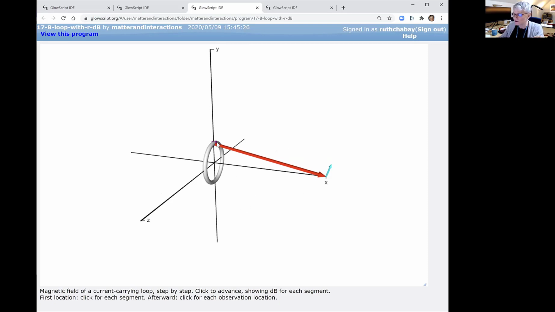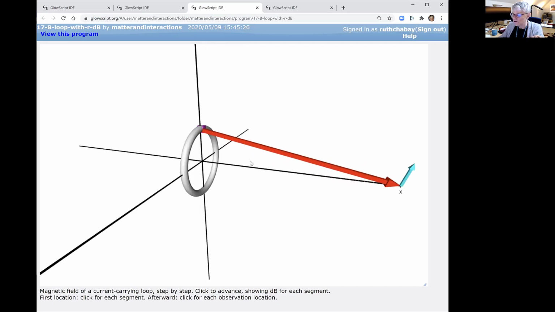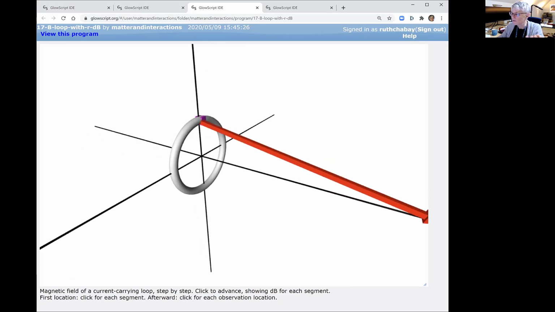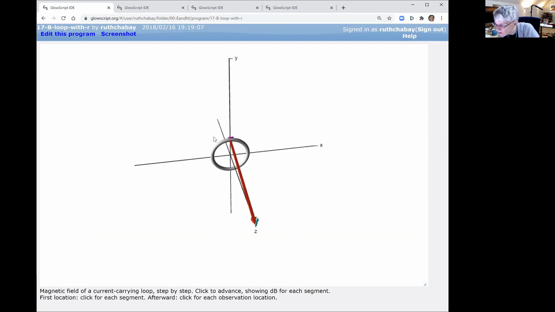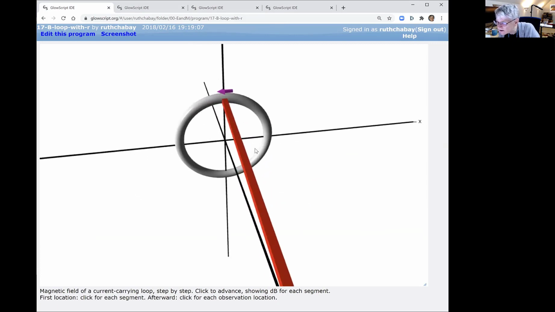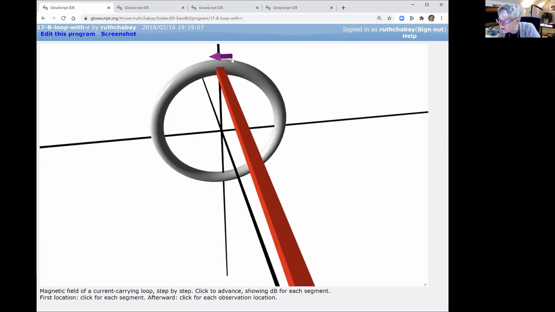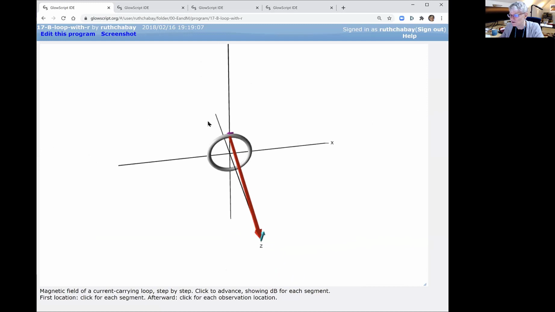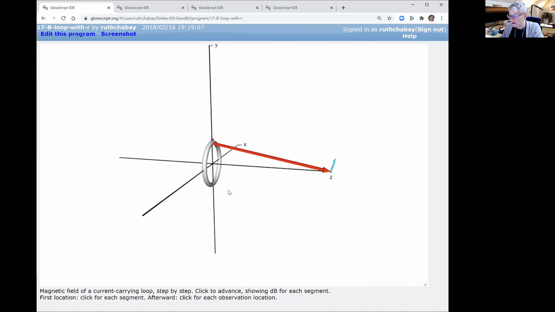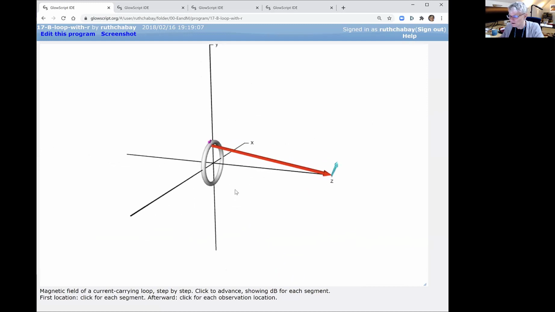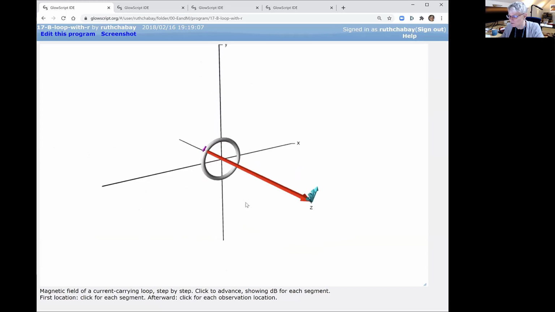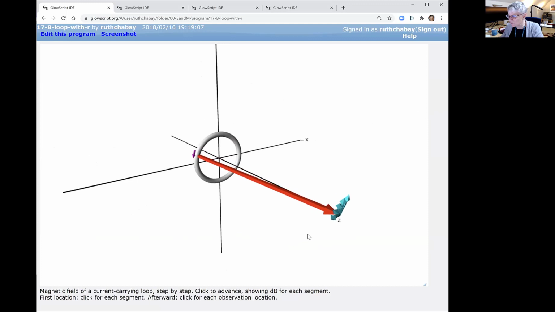So what we're going to do is just, here's our little segment of the loop. So you can almost see, there's a DL. Okay, good. Now we can see our DL. So that's going that way. That's the way current's flowing. And now as we step around this loop, we see that we're getting all these little dBs here.